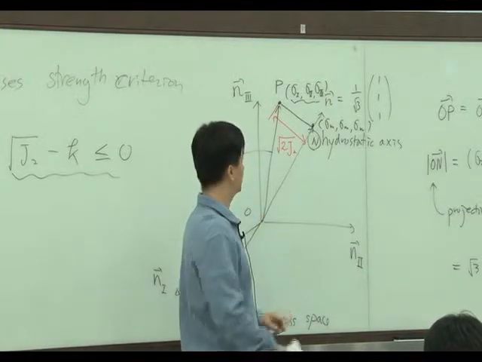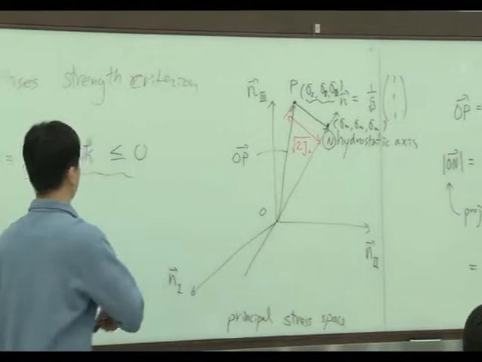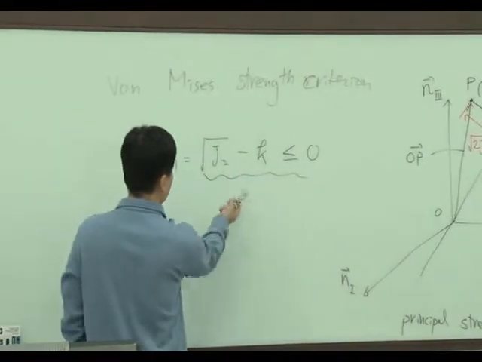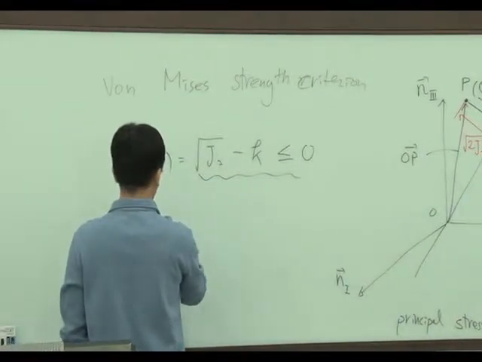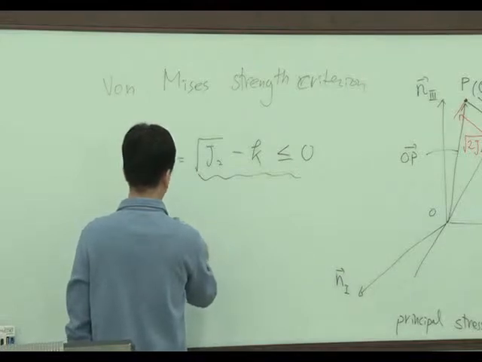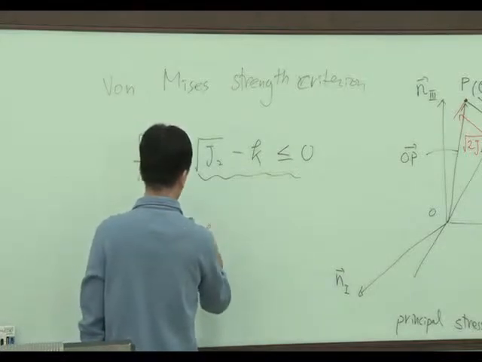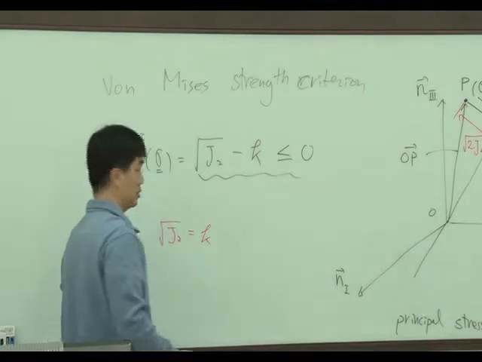Understand? So when the material fails, J2 equals K, right?